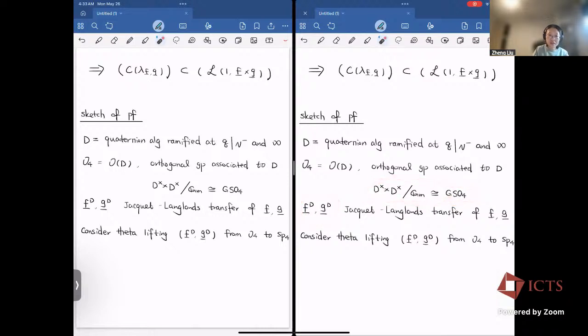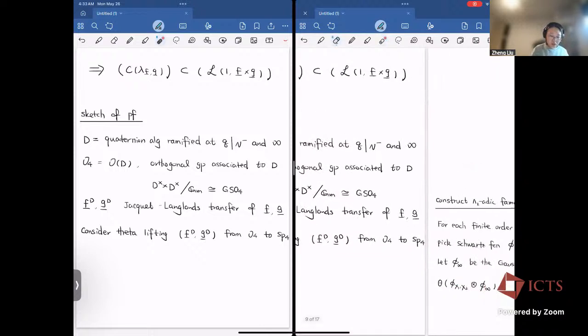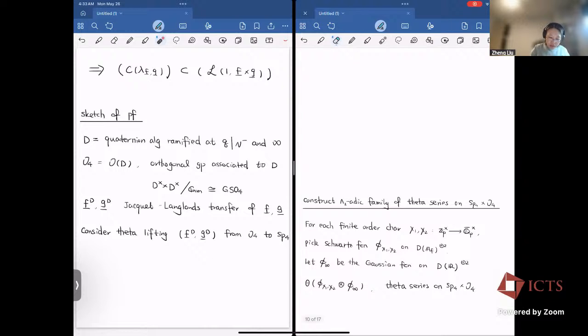And then I can theta lift this form on O4 to an Sp4 form. And so now we want to construct the Yoshida lifts. Basically, it is to construct a Lambda-adic family of these theta lifts from O4 to Sp4 for this pair F upper D and G upper D.